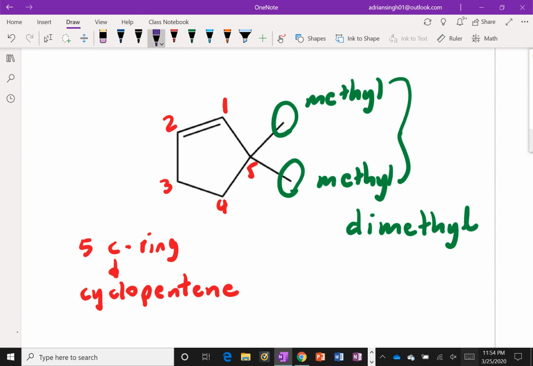If I go the other direction, so if I start here, and that's carbon 1, 2, 3, 4, 5, right? Then your methyls end up being on carbon 3. 3 is lower than 5. So that's the numbering system that we're going to use. So we have both of the methyls attached to carbon 3. So we're going to say 3, 3, right?